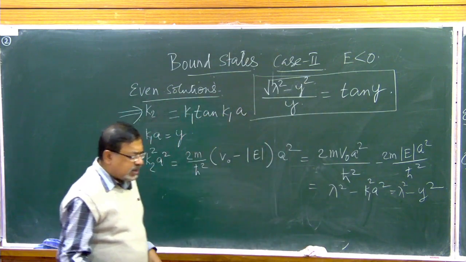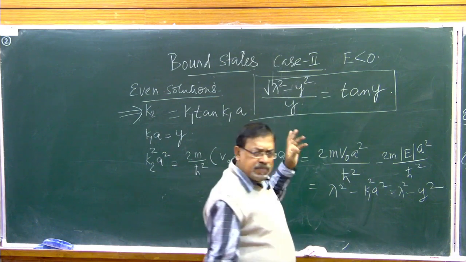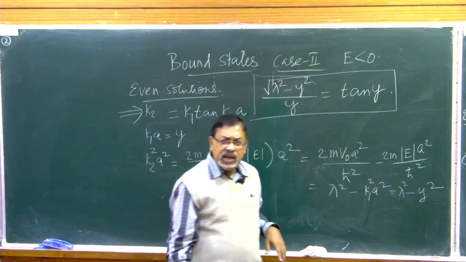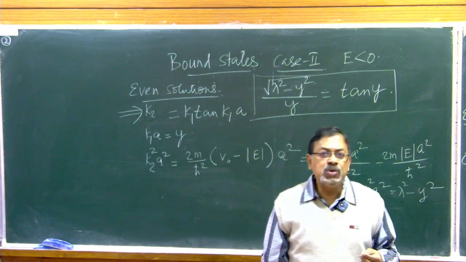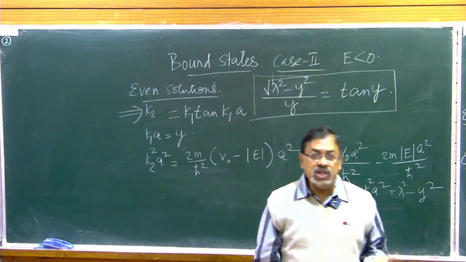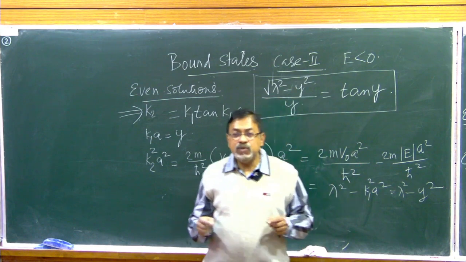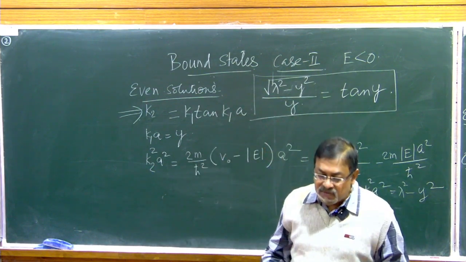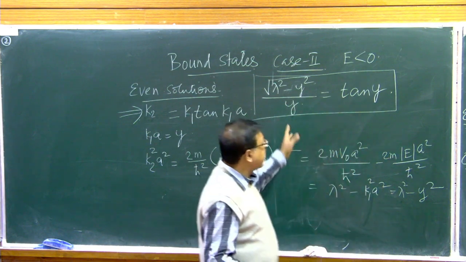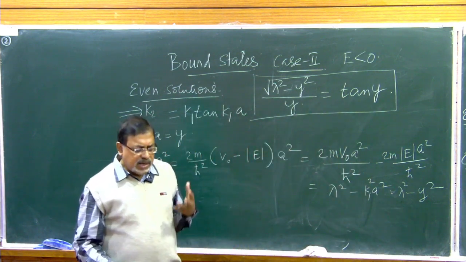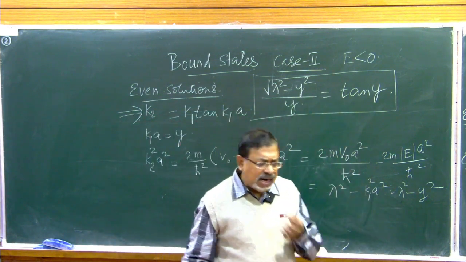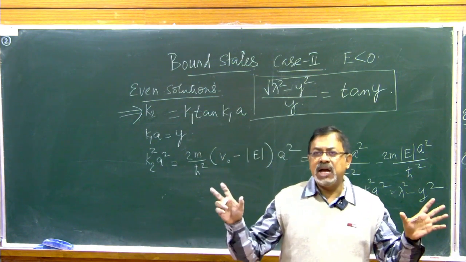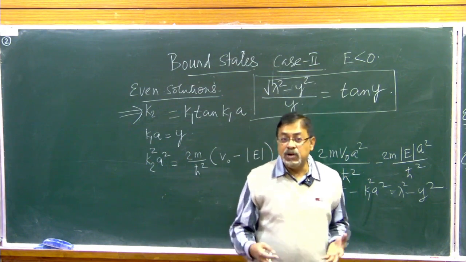Now you want to solve for y, because y includes energy, the mod of E, which is what you want to solve, which are called the eigen solutions or the eigenvalues of the problem. But you see that it's there on both sides. You can solve it numerically, that is you can find for what value of y both the sides are satisfied for a given value of lambda.